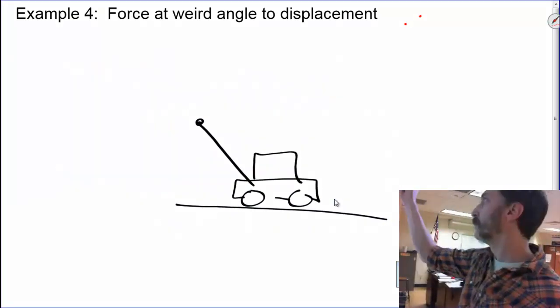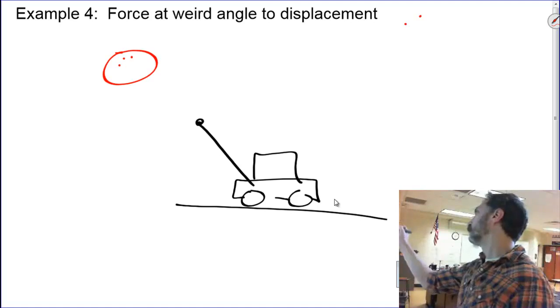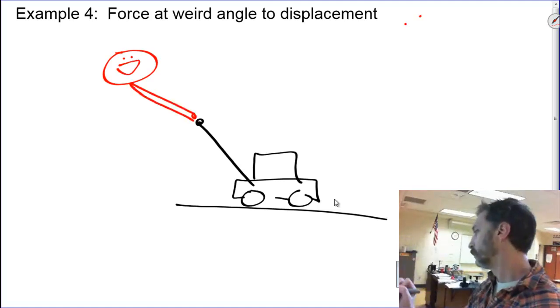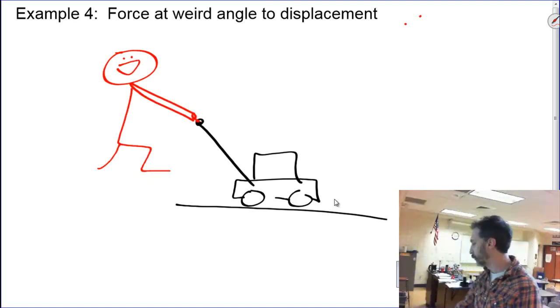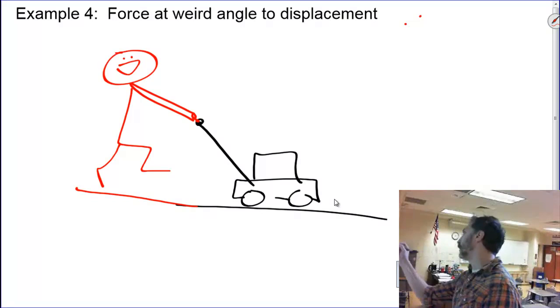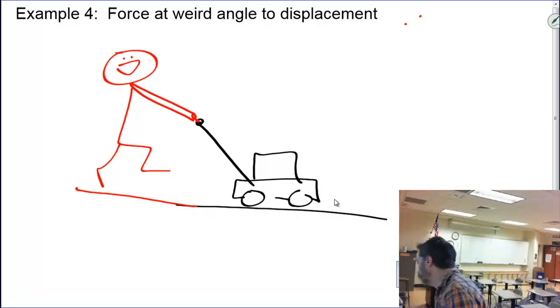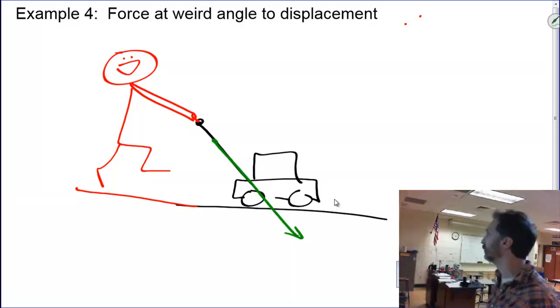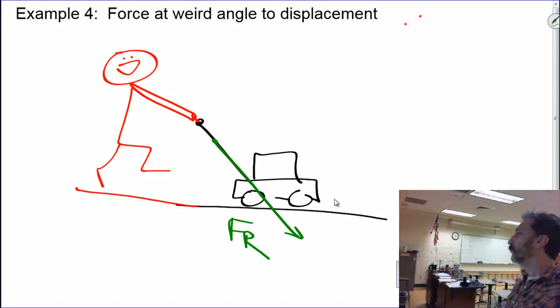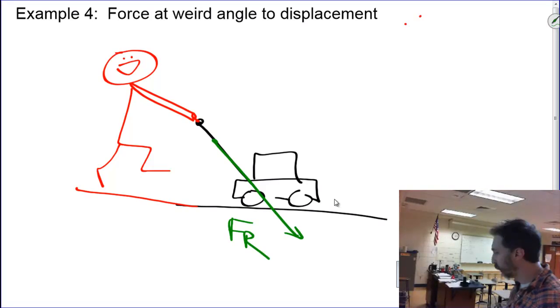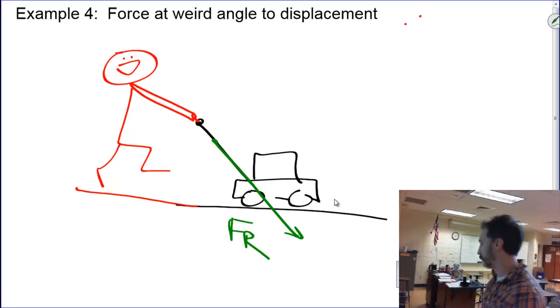If Roy is here pushing this thing, so here's Roy, the idea is Roy's force is going to be at some weird angle along the handle. So how does this work?